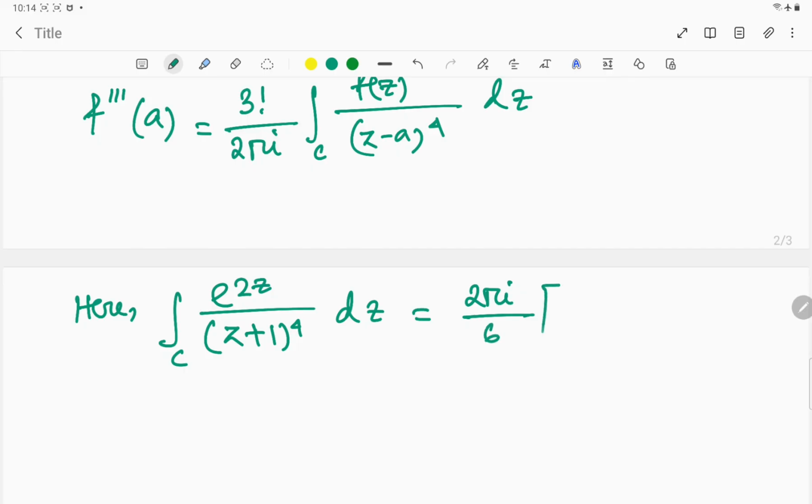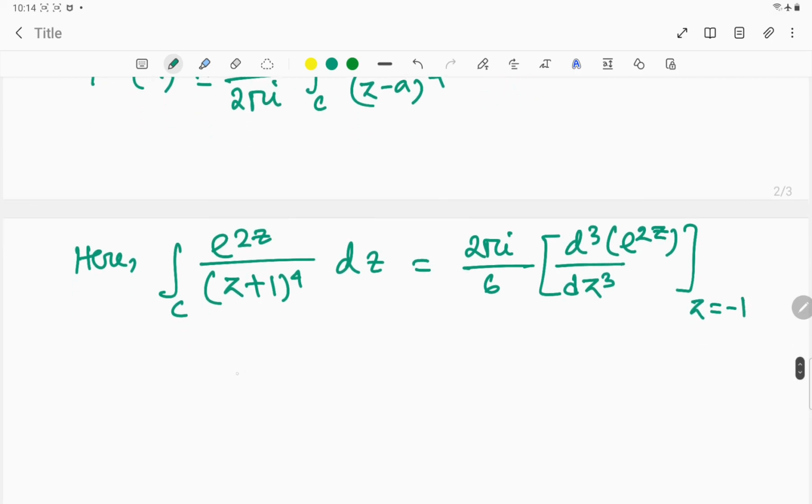Now we do this differentiation, d cube by dz cube of the function e to the power 2z, and our value is z equal to minus 1.